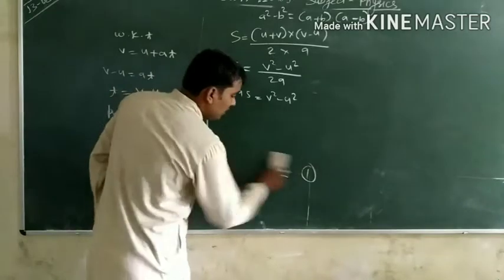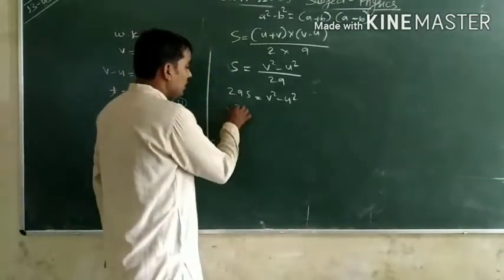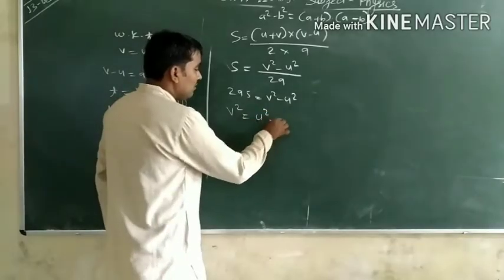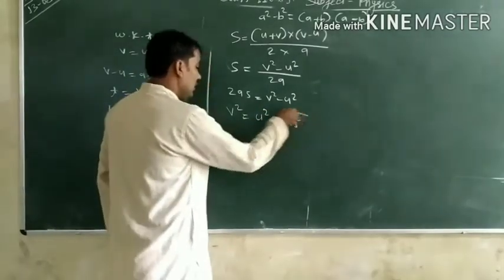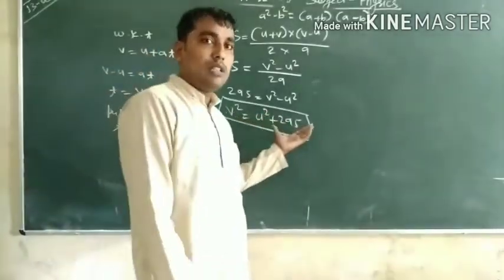Transposing U square from the RHS to the LHS, V square is equal to U square plus 2AS. This is the third equation of motion.